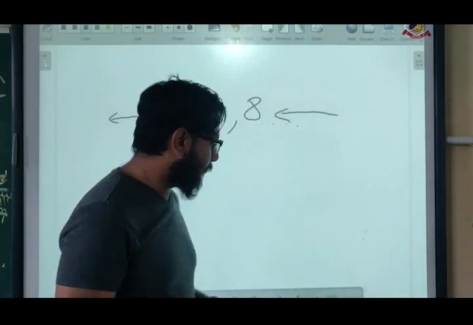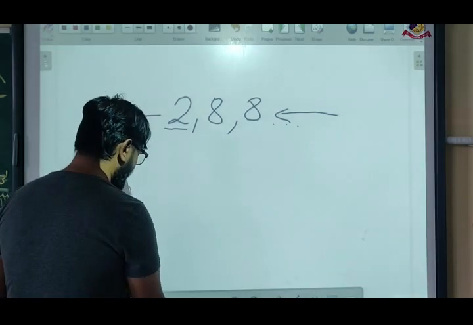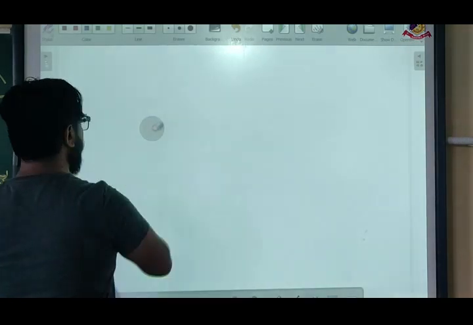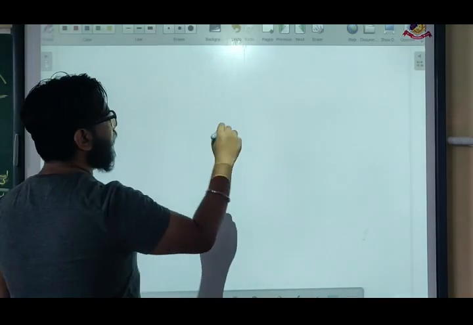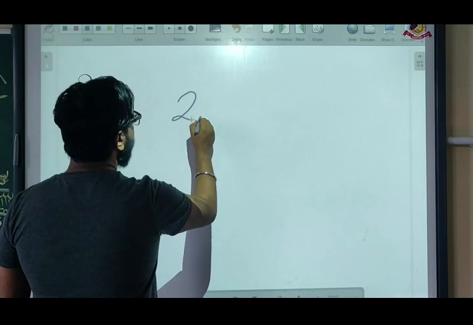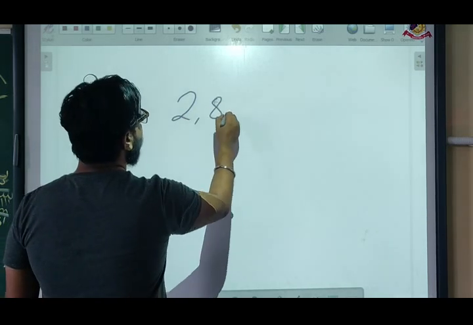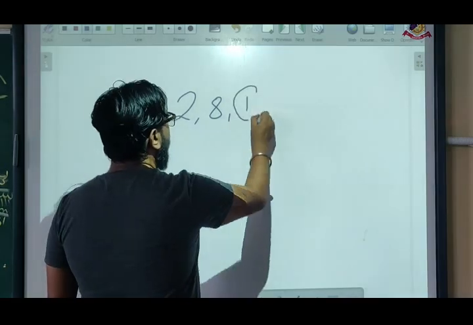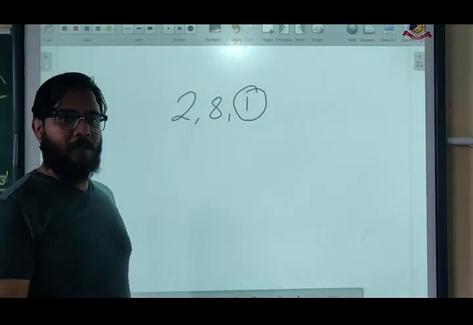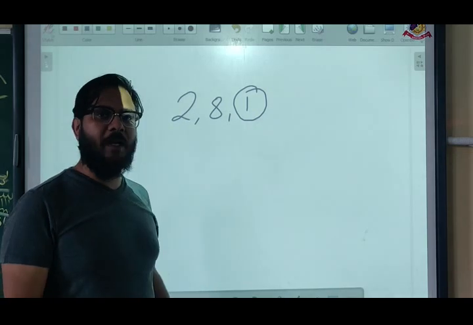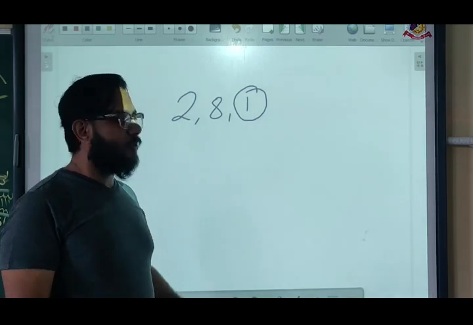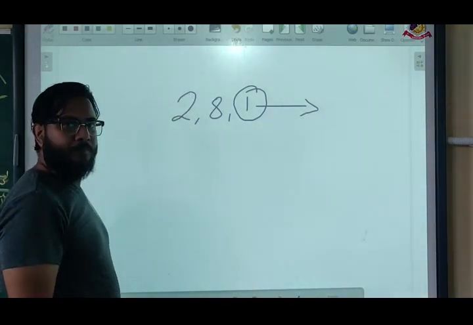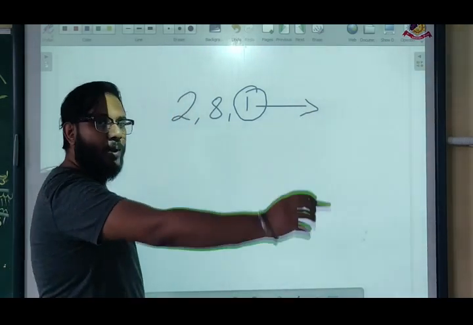And how does it work? Imagine there is an element whose configuration is 2, 8, 1. So it has one extra electron, and this one is stopping it from being stable. So what it does is it gives away this one electron.